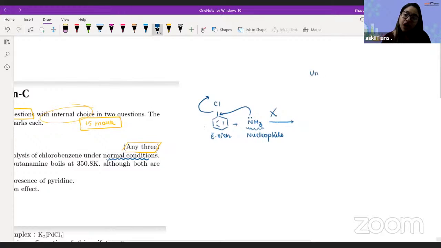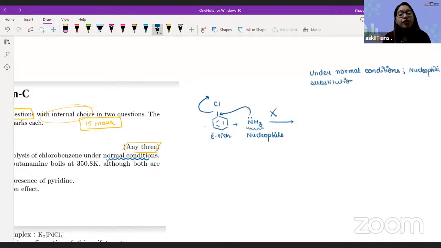The first answer is: under normal conditions, nucleophilic substitution reactions are not favorable on benzene ring.